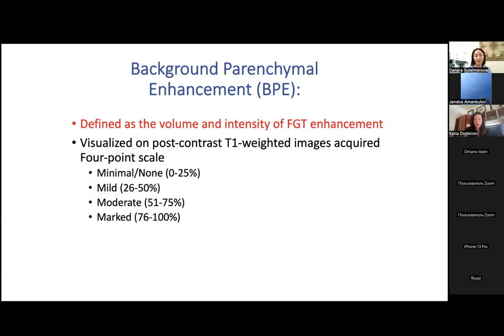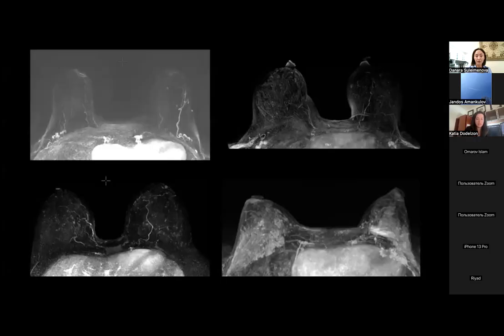You're supposed to assess it on your first post-contrast weighted images, whether subtracted or not, to assess how much of the tissue enhances. It's the proportion of the amount of tissue that enhances. So this is an example. These are maximal intensity projection images of 4 different patients on the first phase subtracted images. So that's what I created the MIPs from.